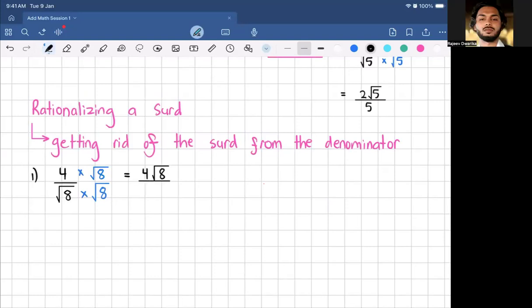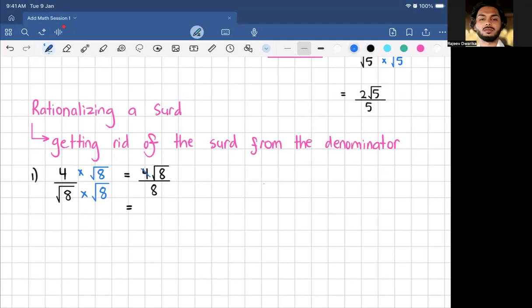Did that simplify? Yes. 8 could go into 4 and 8.